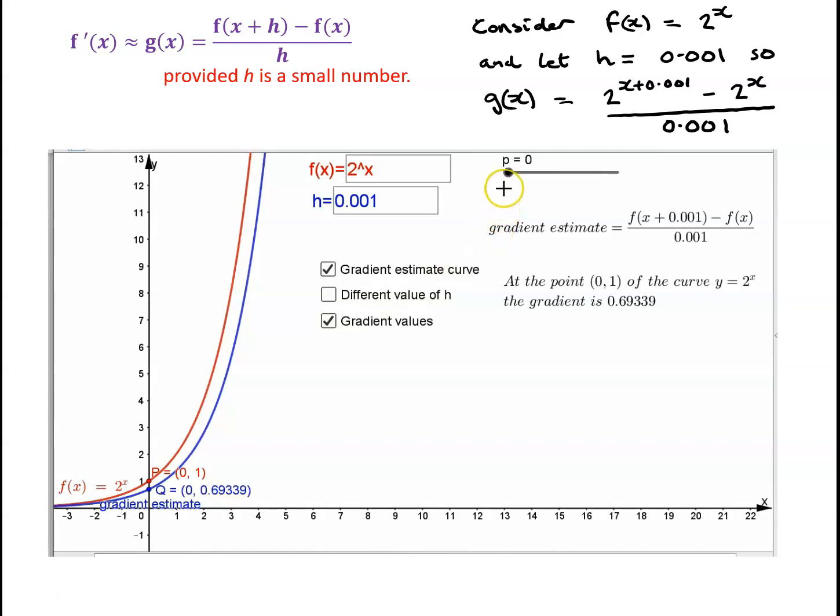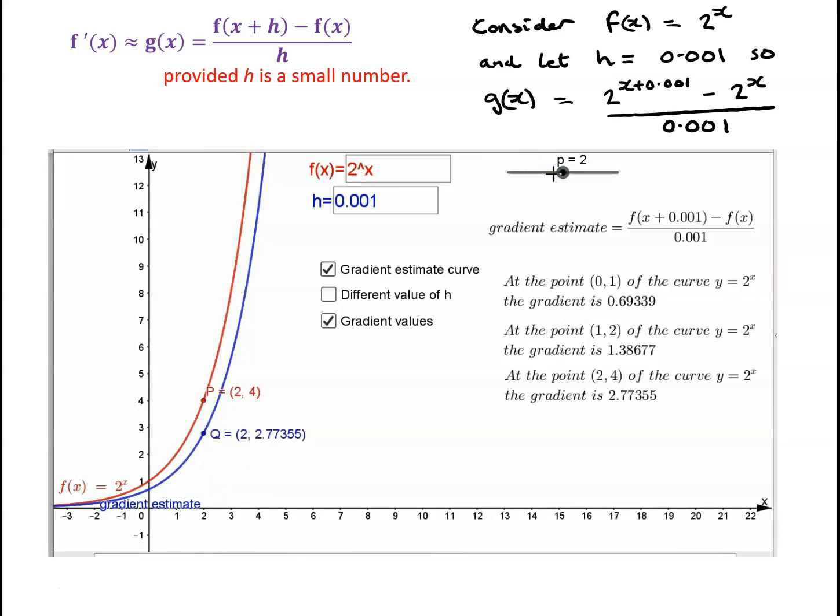And now we're going to consider the gradient values at different points on the original graph. So at the point (0, 1), the gradient is 0.69339. At the point (1, 2), the gradient is 1.38677. At the point (2, 4), the gradient is 2.77355.